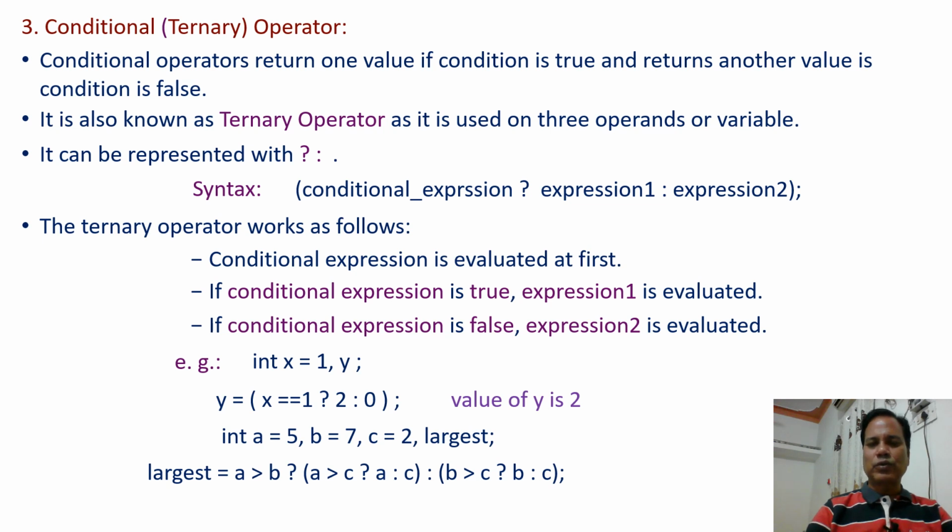When it is true, the first value, that is b, is assigned to largest, and here the value of b is 7. So among these three numbers 5, 7, 2, we got that 7 is the largest one. So using the conditional operator, we can find the largest of three values.